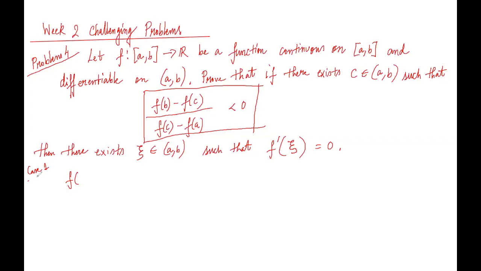So let's take case 1 where our denominator is positive, and so we have f of b minus f of c is greater than 0, and it cannot be equal to 0 because it's strictly lesser than 0.